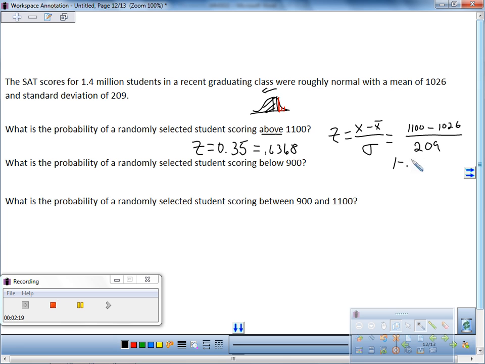So 1 minus 0.6368. What we end up with is a probability of 0.3632. So that's our probability of picking somebody that scored above 1100.